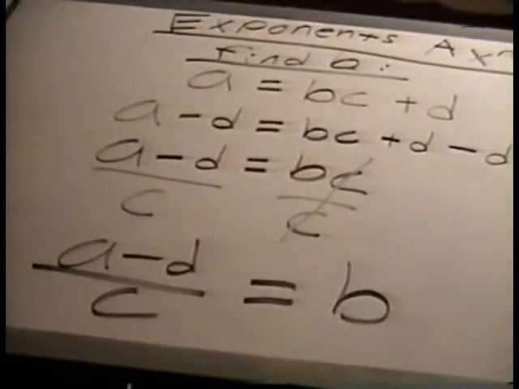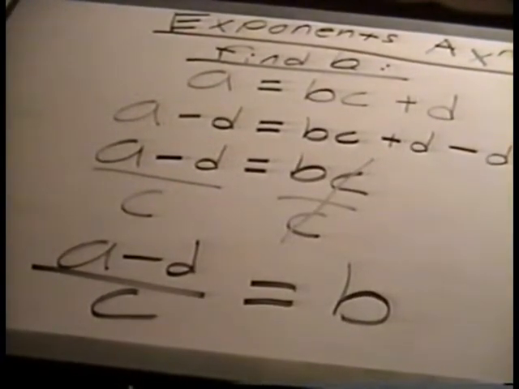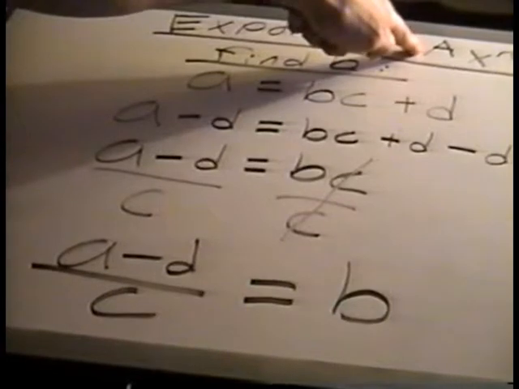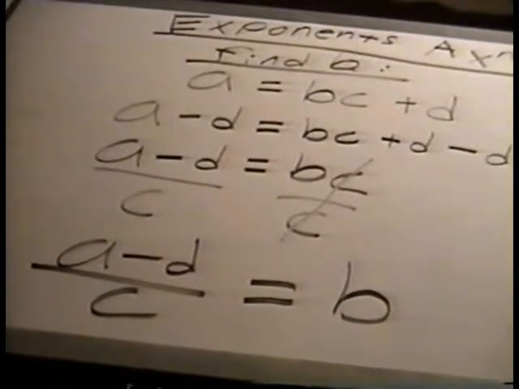C plus a negative c, that's 0, it canceled out. So b equals a minus c, in relation to the given equation. Now I already showed you how to work with additives.